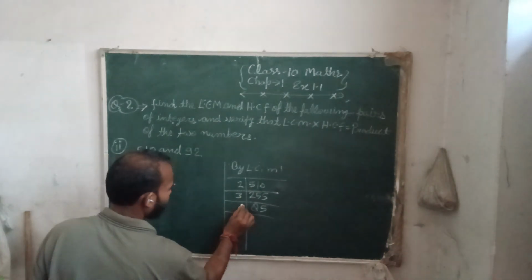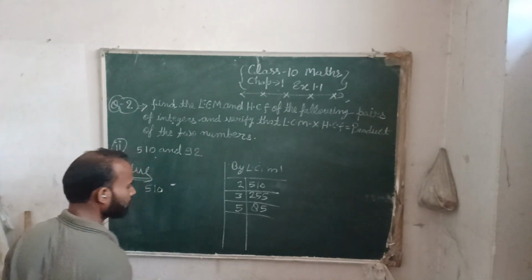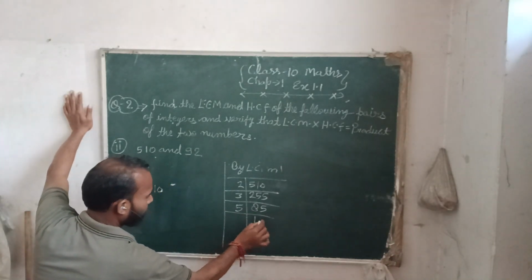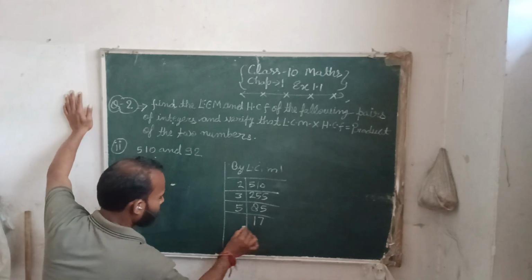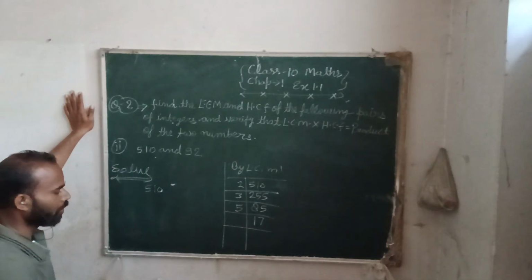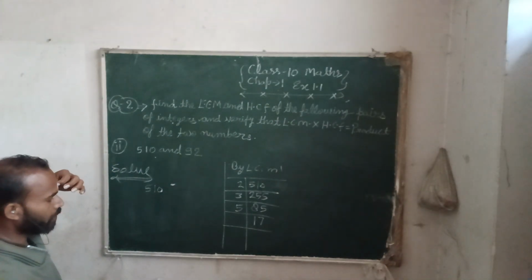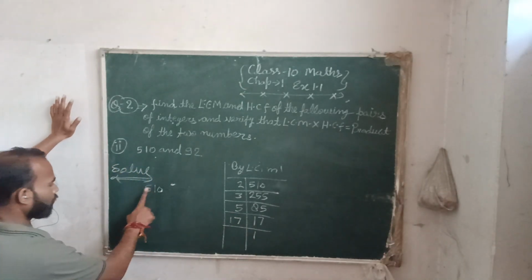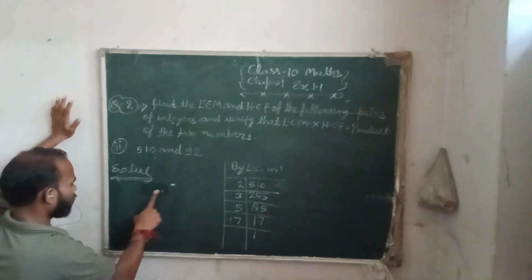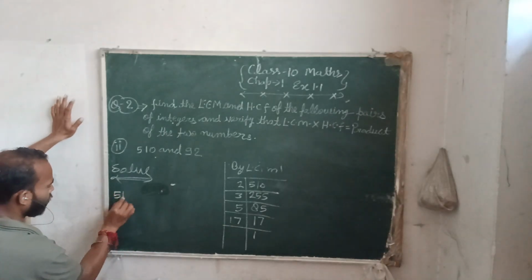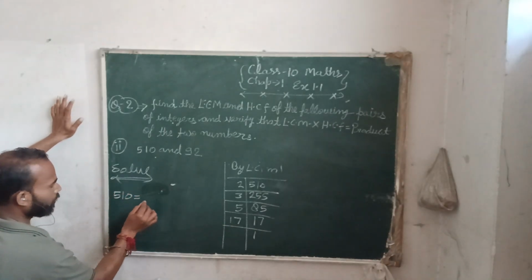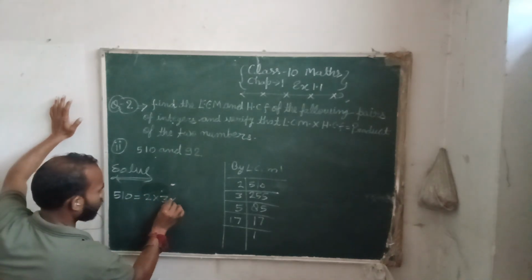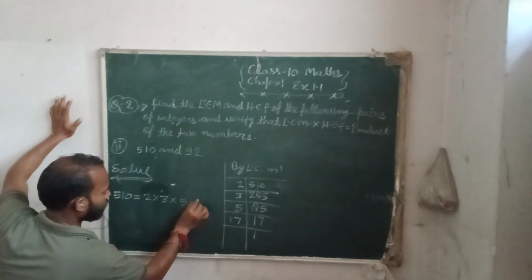So 35 is divisible by 5. 5 sevens are 35 and note down 17. So 17 is itself divisible by itself, 17 ones are 17. Now the factors of 510 are 2 into 3 into 5 into 17.